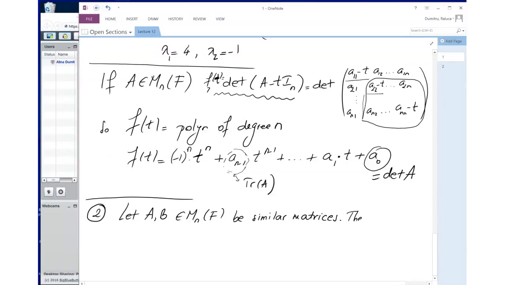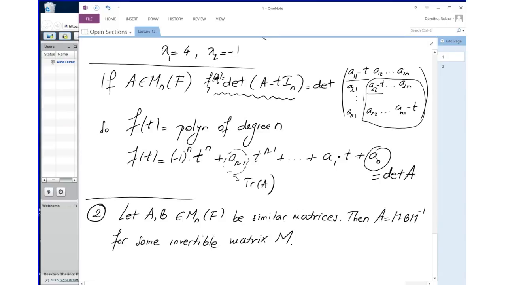Remind you, that means that one of them can be written as M B M inverse for some invertible matrix M, sorry.